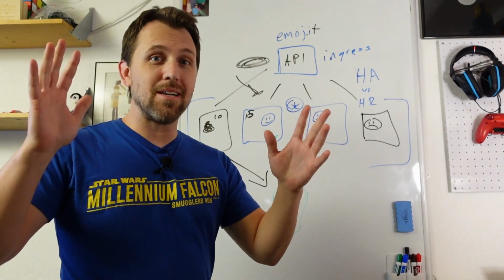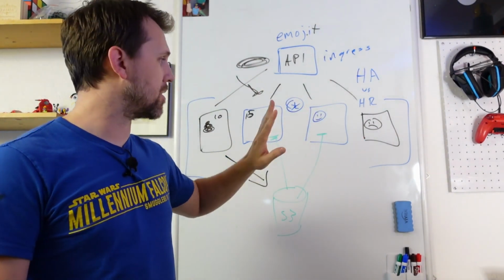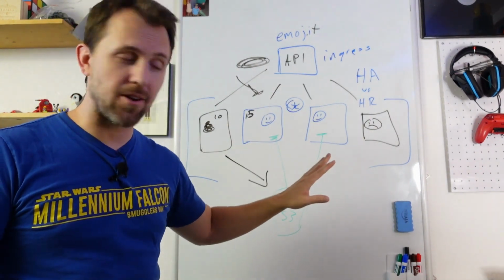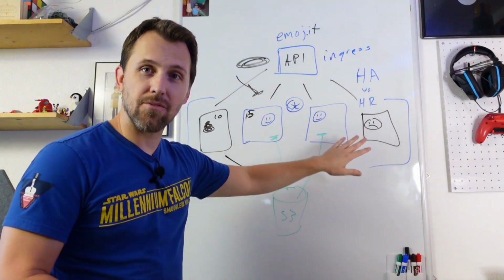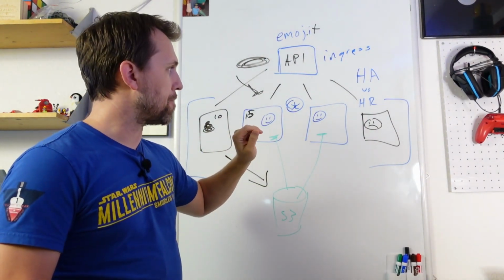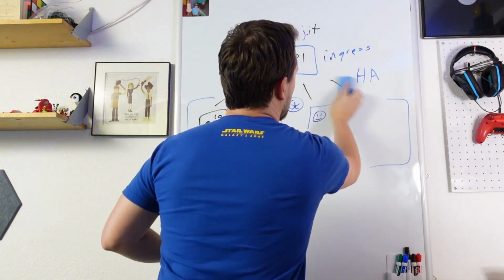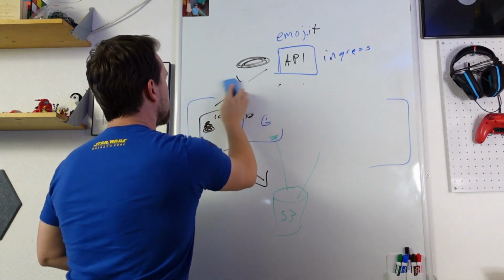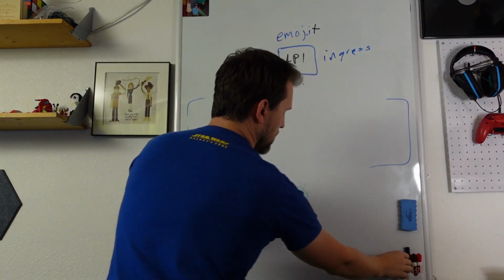All right, surprise, surprise, this is all a lie. It kind of works this way, but let me show you what I just found out about the app, okay? So all of these pods with the different deployments for each emoji, yeah, it's actually one app, okay? So here, let's just erase all of this here. Okay, we still have our S3 buckets.